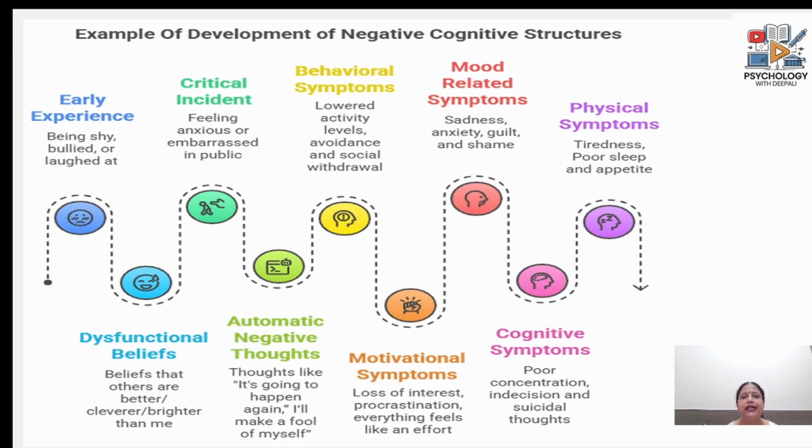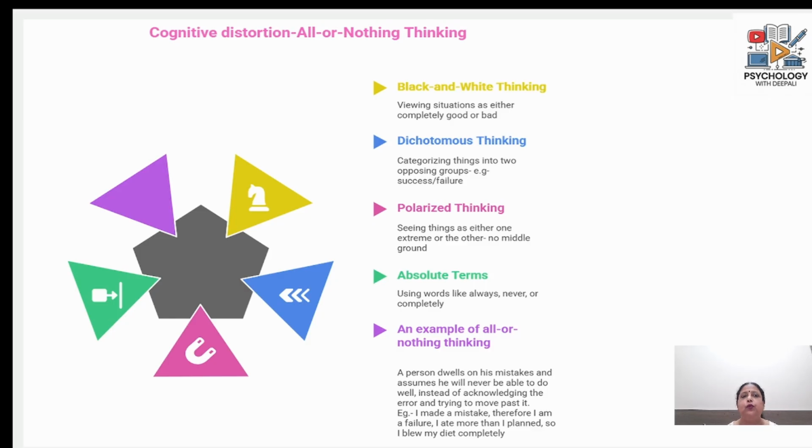So there is poor sleep, there is tiredness in spite of sleeping for long hours, and of course, there's an impact on appetite. So the core schema, which was developed in childhood and re-triggered in adulthood, can lead to these kind of symptoms. So, what are the various cognitive distortions that cognitive therapy talks about?